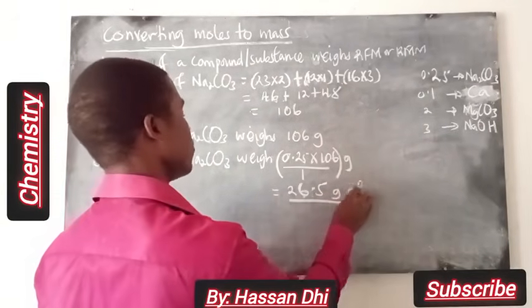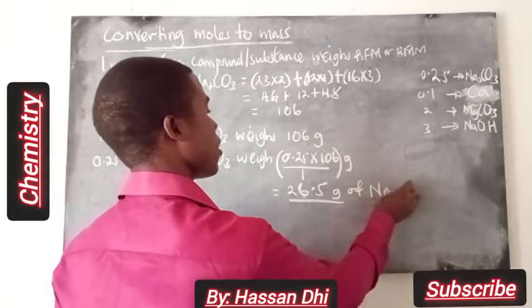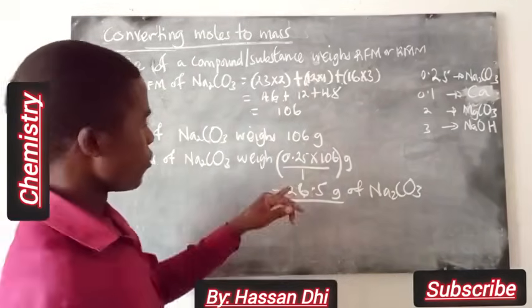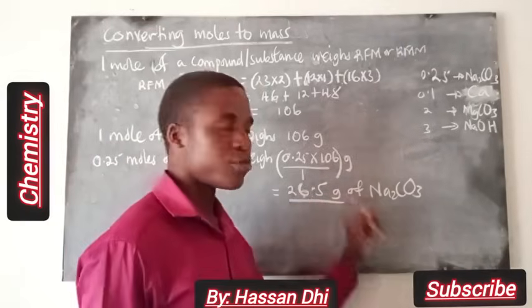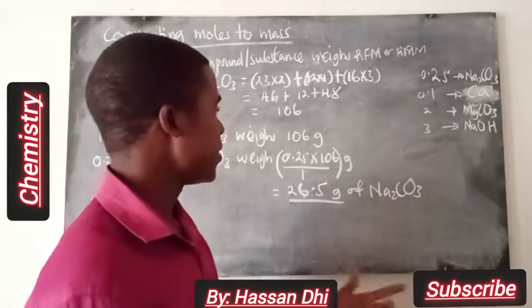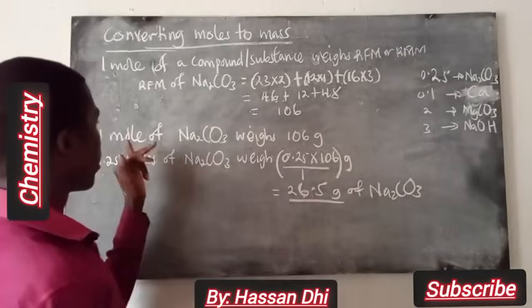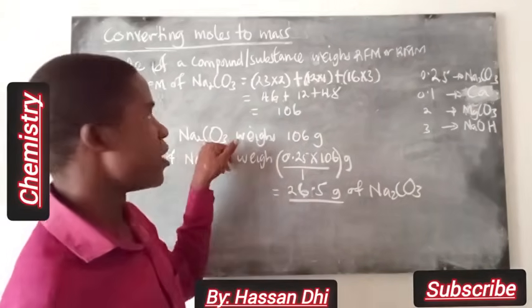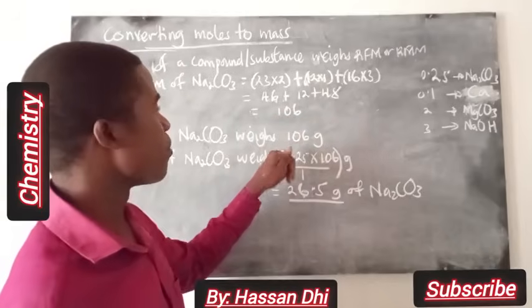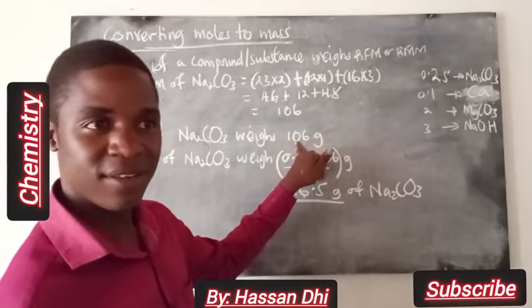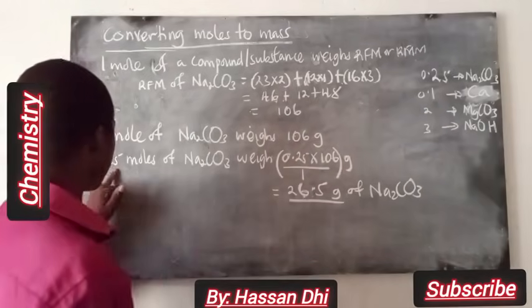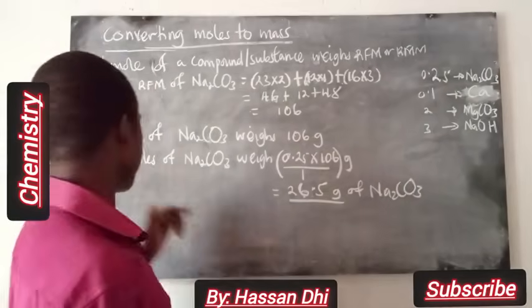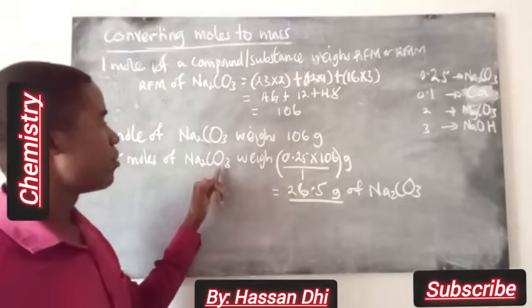These are grams of sodium carbonate. So in any way, we are just saying that 1 mole of that substance weighs the RFM, which for sodium carbonate is 106. Now, 0.25 moles, which mass would they contain? So we are saying 0.25 moles of sodium carbonate.